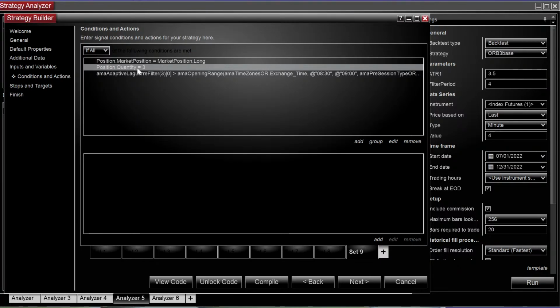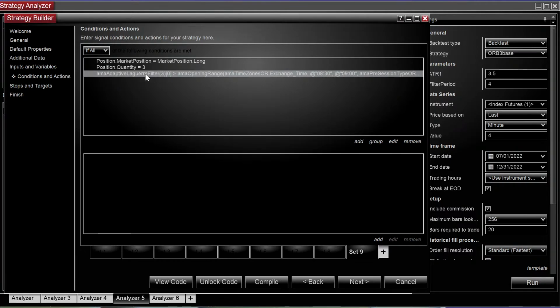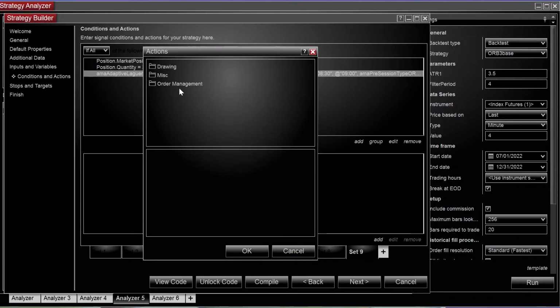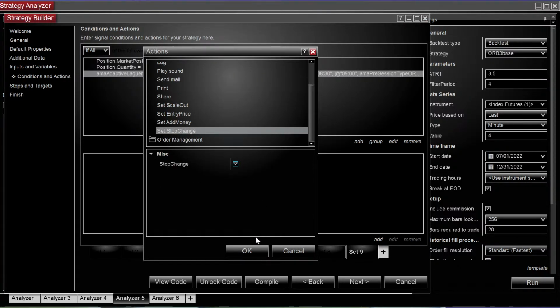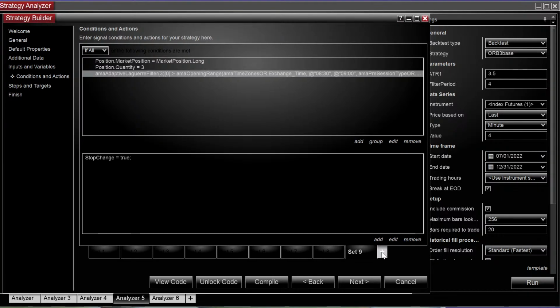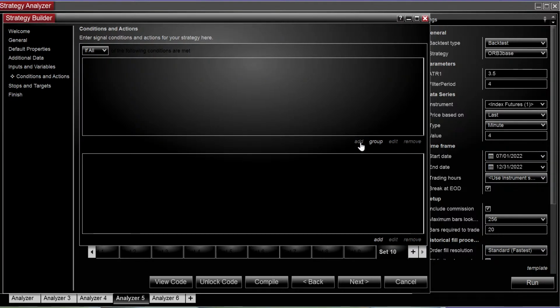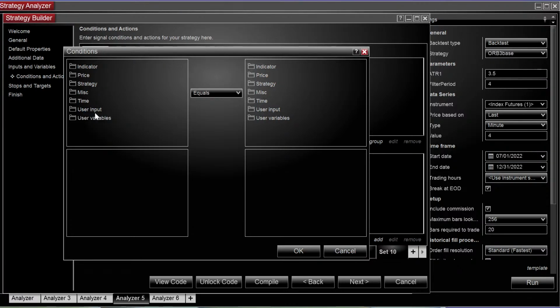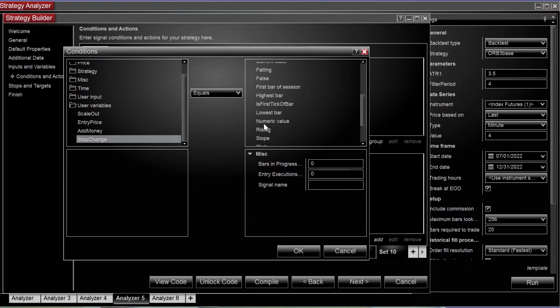And then Laguerre is greater than the opening range high. We're going to set this variable to true. Now we have to add another set and say, okay, stop change equals true.